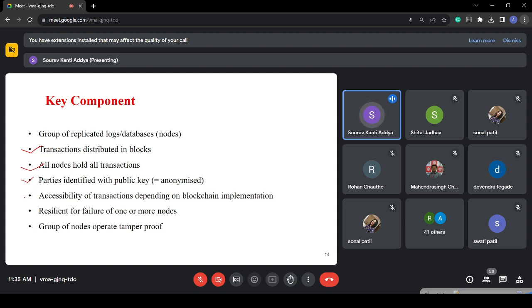Accessibility of transactions depends on the blockchain implementation. It is resilient to the failure of one or more nodes, so failure handling is also possible in the blockchain network. A group of nodes operates tamper-proof, so tamper-proof blocks are possible. These are some key components or key features of this technology.